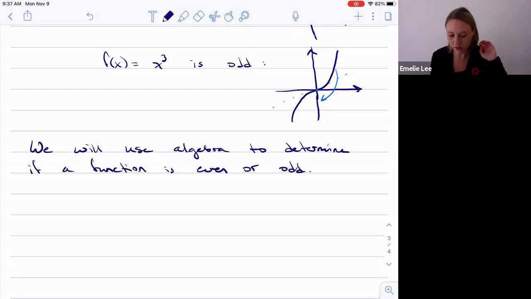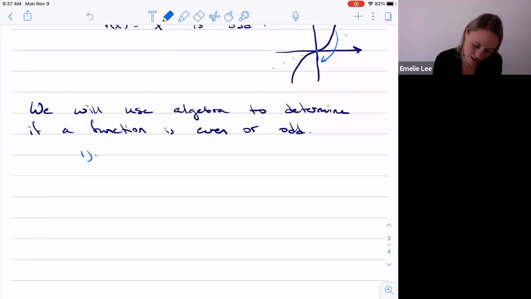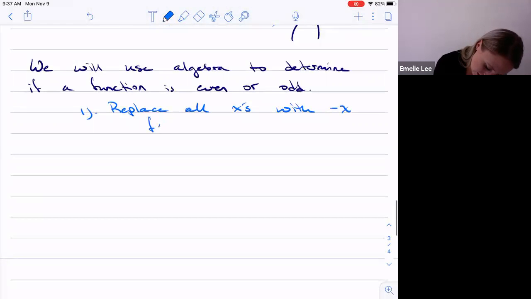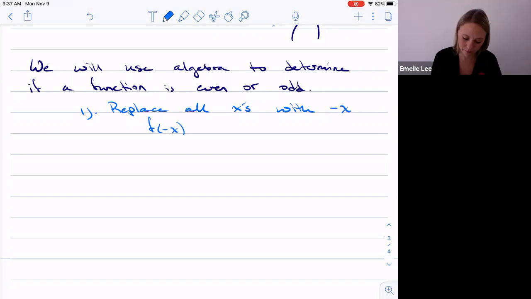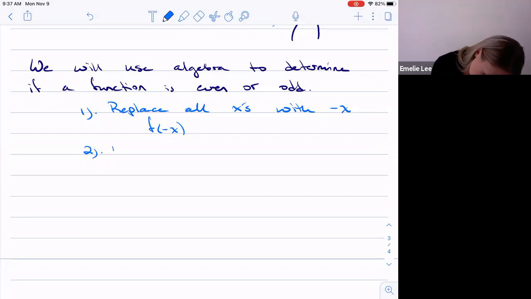Okay. So step one, if you want to know if it's even or odd, step one is to, in your f of x, replace all your x's with negative x, right? So now you have f of negative x. Okay. Your second step is to manipulate it until you have simplified it so that it either looks like f of x or negative f of x, or neither.